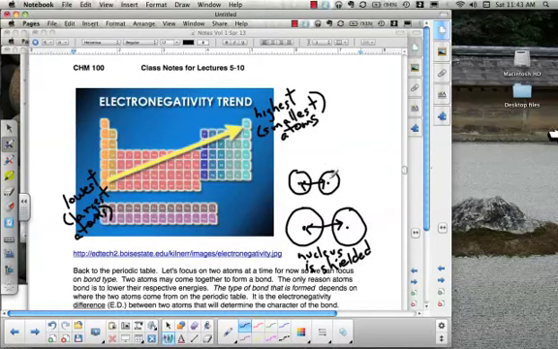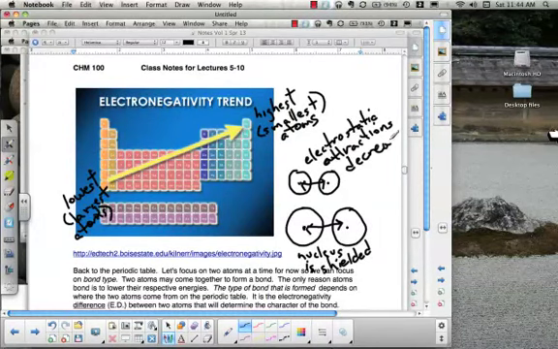Another reason why is the smaller you are, the closer you can get to one another, making this attraction more likely than it is when you're larger. These are electrostatic attractions between opposite charges. Nuclei are positive, electrons are negative. Electrostatic attractions decrease rapidly with distance, look it up in a physics book.